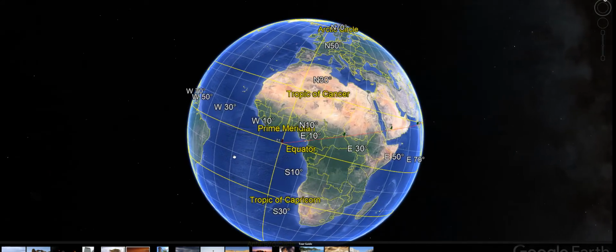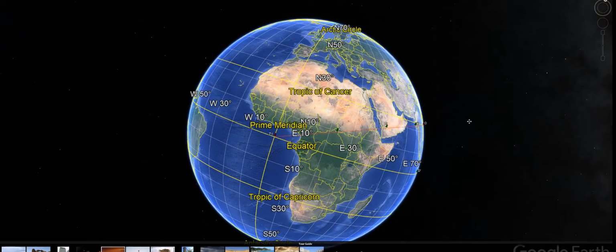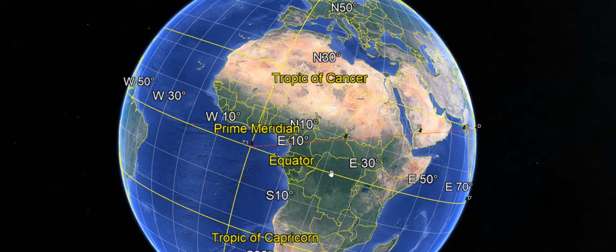Now, since they're equidistant, it means that they form an equilateral triangle between them. Z1D, Z1D dash, equal distance, so equal angles. They are at 90 degrees with the center of the Earth. Z1D and the center of the Earth is the same angle as Z1D dash and the center of the Earth. They're equal slices. However, that cannot be said for a point A and a point A dash.